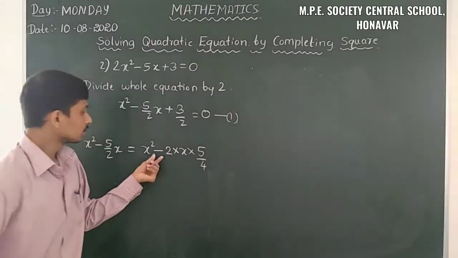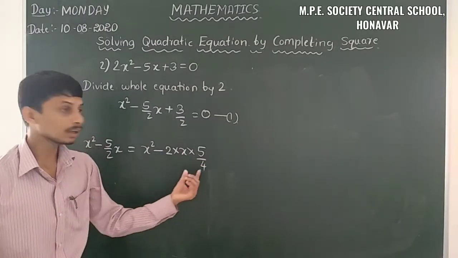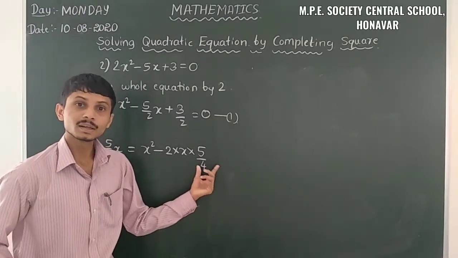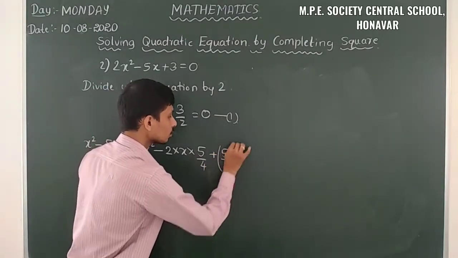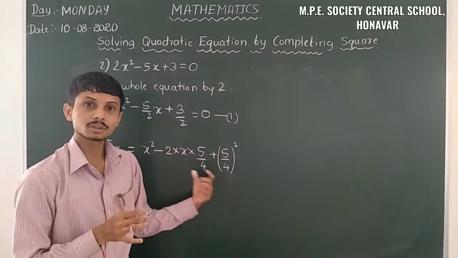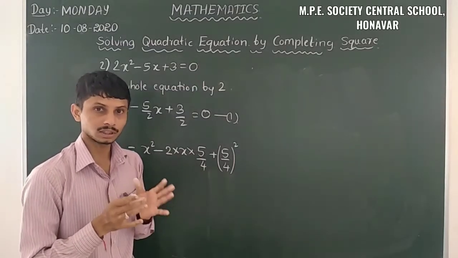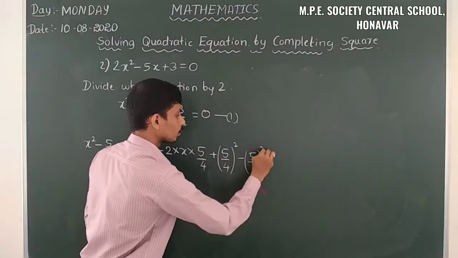Okay, so it's in the form of a square minus 2ab. So here what is the value of b? 5 by 4. That means I will take 5 by 4 whole square. For balancing the equation, I will take minus 5 by 4 whole square.